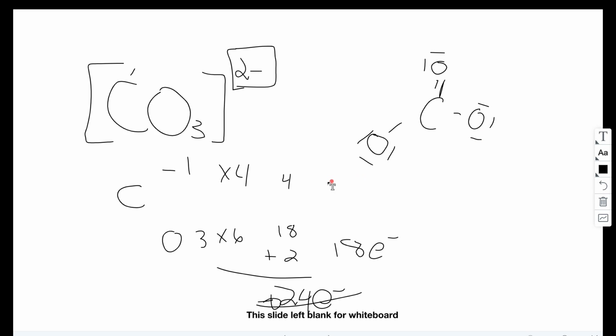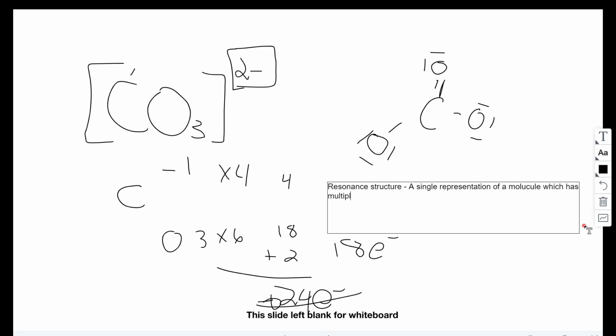Okay, and let's go ahead and give a definition here so that I don't forget it later on. Okay, a resonance structure is a single representation of a molecule which has multiple states, or a mixture of states.